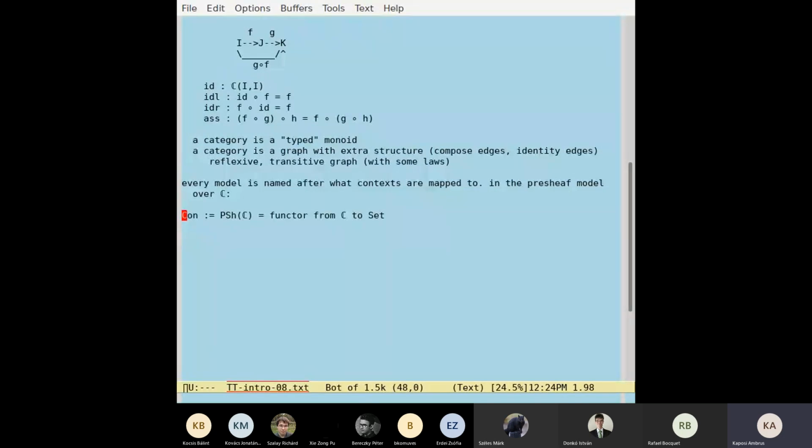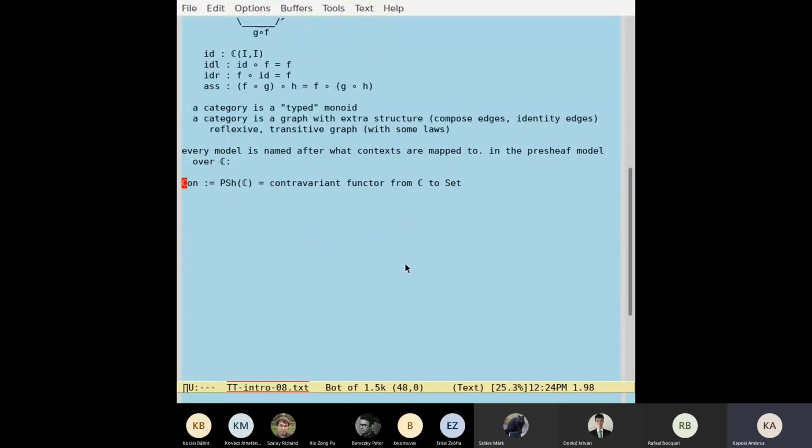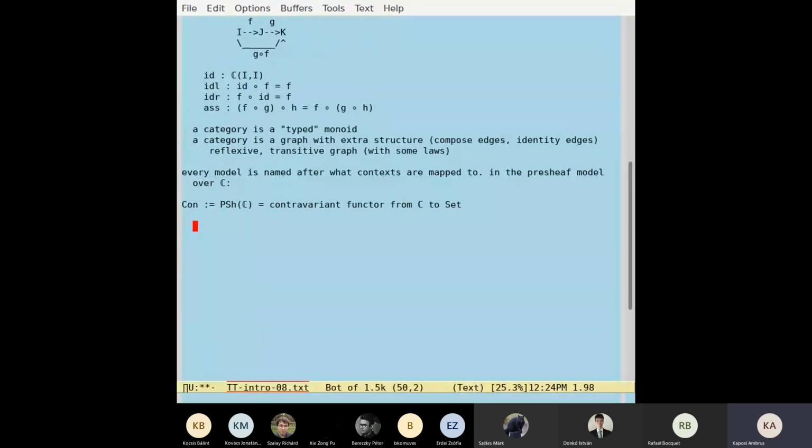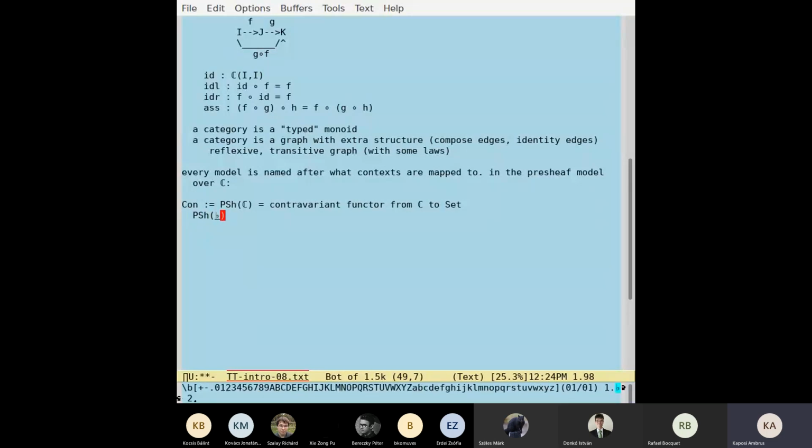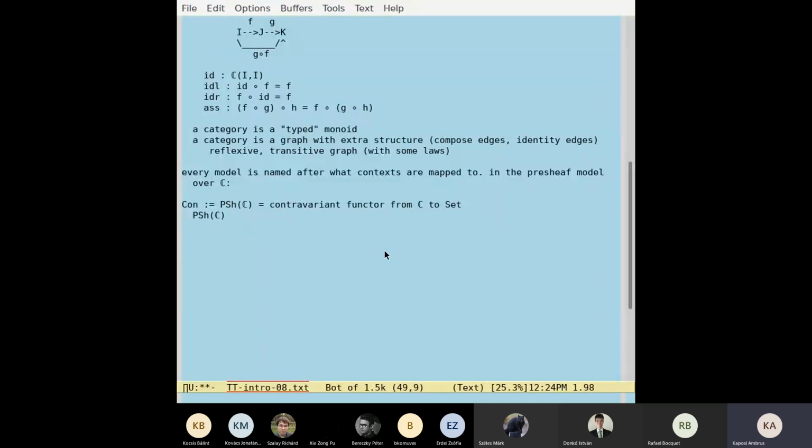Okay, so let's make this more explicit. Sorry, it's a contravariant functor from C to set. So some people already know what this means, but we will make it completely explicit to understand what this is. So a presheaf over C can be defined as a record with 4 components, or 4 fields.